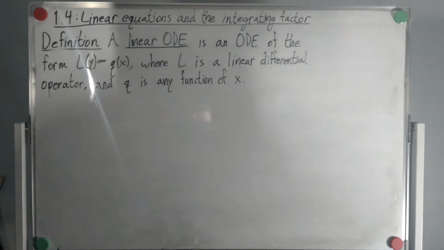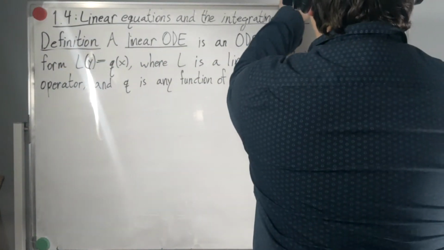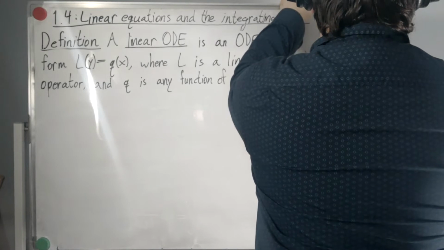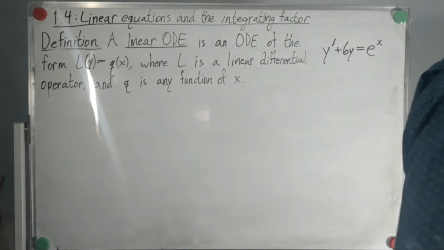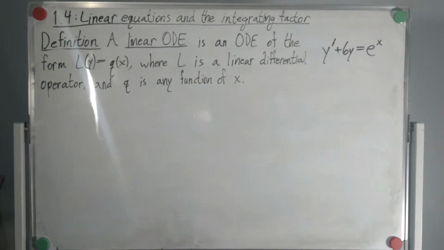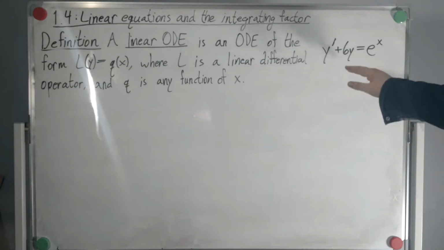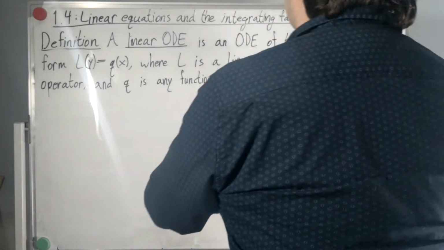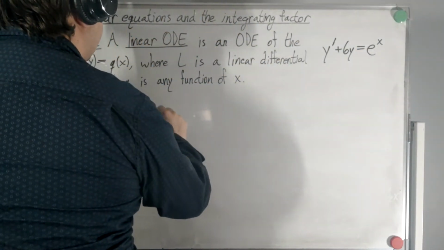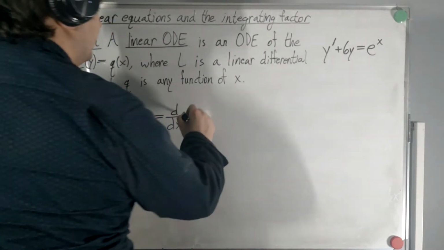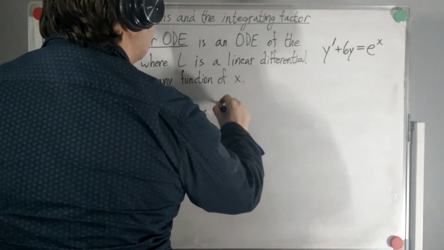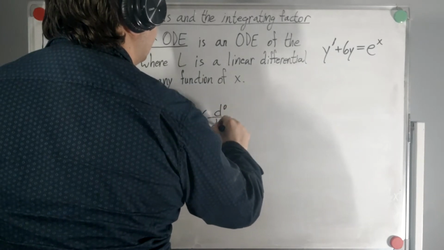So the ordinary differential equation that I showed you before, y prime plus 6y equals e to the x. This is an example of a linear ODE because if you break this down, you can think of first order basic differential operator plus 6 zeroth order basic differential operator.